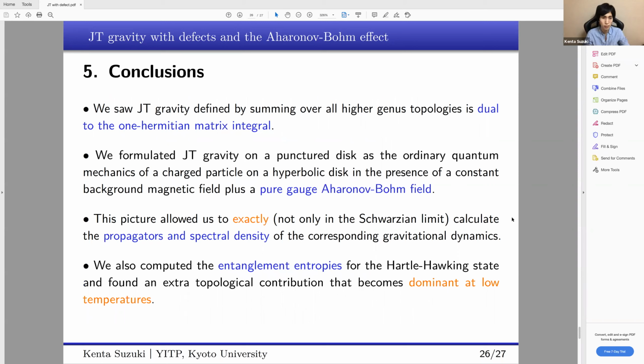This is the final conclusion. In the first part of this talk, I explained that if we define JT gravity by summing over all higher genus topologies, then the dual theory is actually a random ensemble defined by one Hermitian matrix integral, rather than a specific quantum mechanical model defined on the boundary.